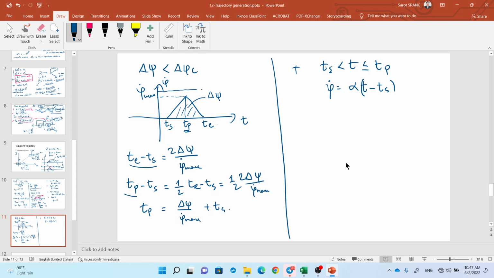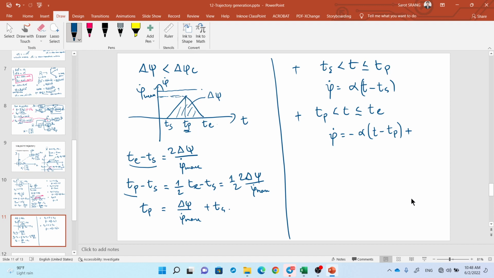Then Tp less than t less than or equal to Te, psi dot equals minus alpha times t minus Tp plus what?